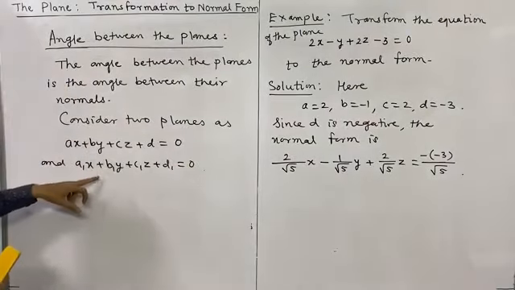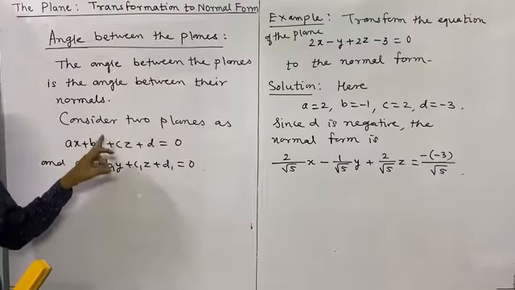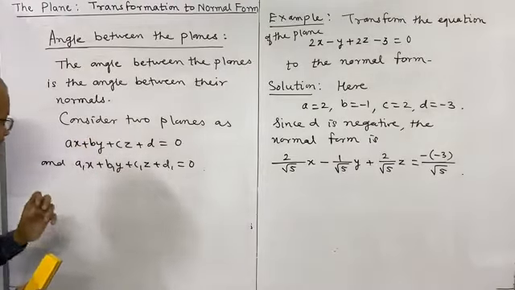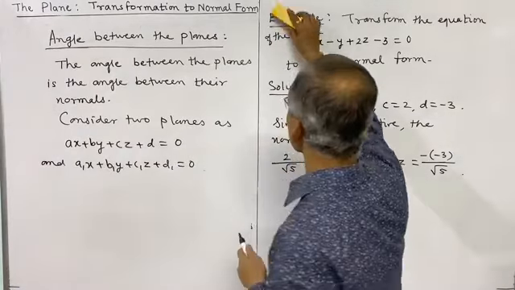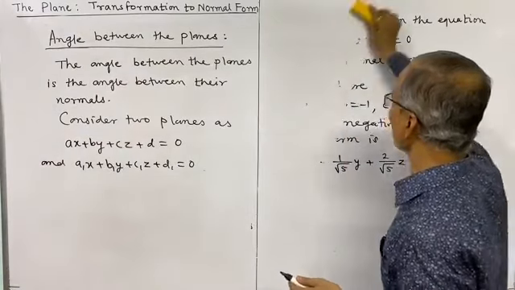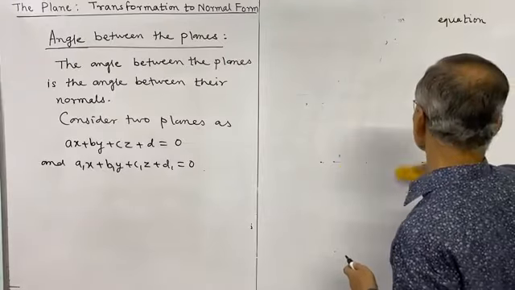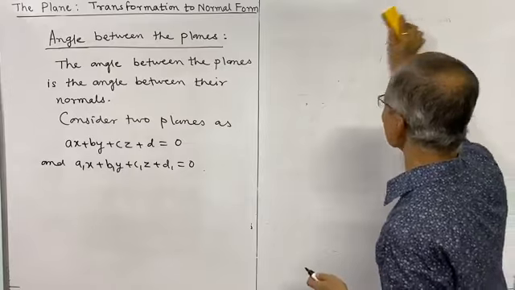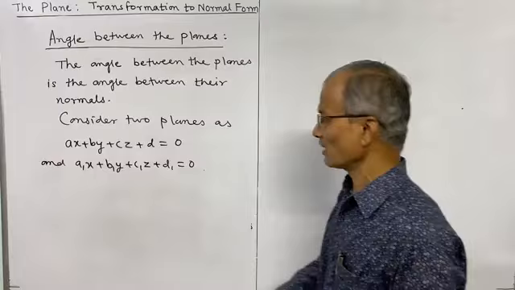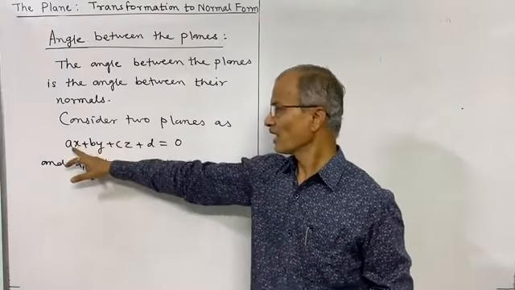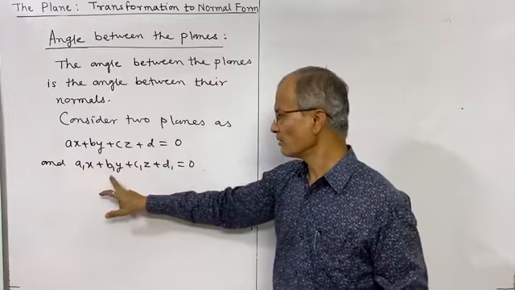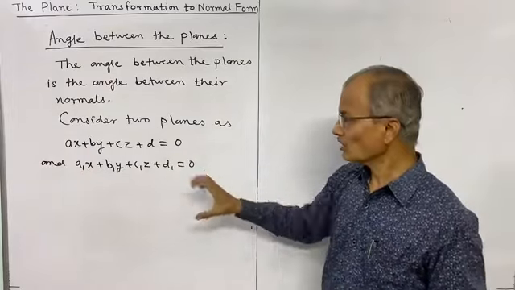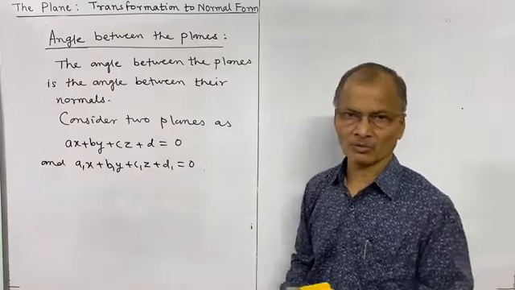Now to find the angle between these two planes means we have to find the angle between their normals. To find the angle between two lines we have to consider the DRs of the two lines, and we just have seen the DRs of the normal to the first plane is A, B, C, and the DRs of the normal to the second plane is A1, B1, C1. So we have to note down only the DRs of the two normals.